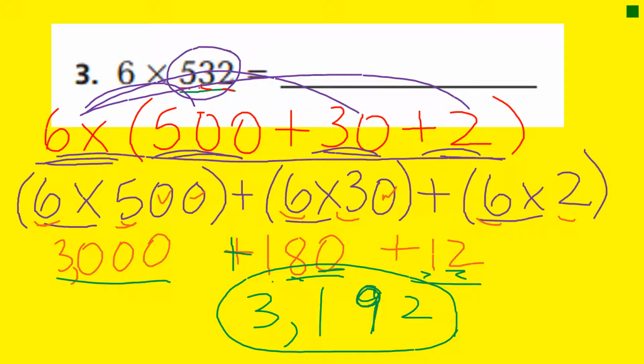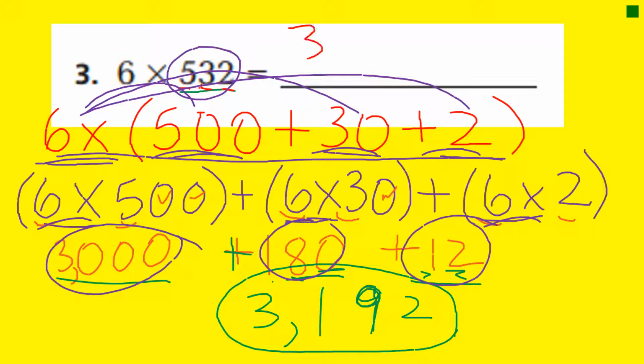We multiplied each part by 6. 6 times 500, 6 times 30, 6 times 2. We got 3 partial products. We added those 3 together and discovered that 6 times 532 is 3,192. All right, good work.